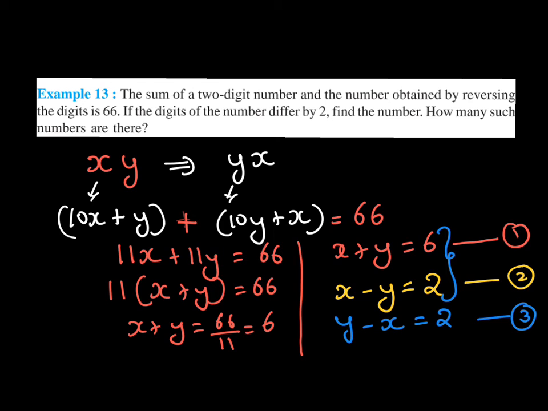Or we can take the first and the third equation for the second case, solve these two equations by the method of elimination, and then get the values of x and y. I leave it up to you, and I'm sure you will be able to do it because you have understood the concept of elimination by now. So try these two sets of equations and find the values of the numbers.